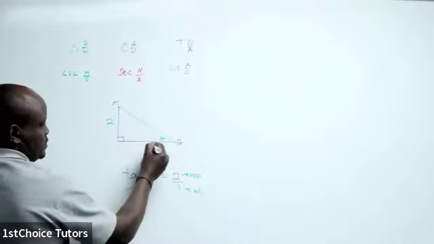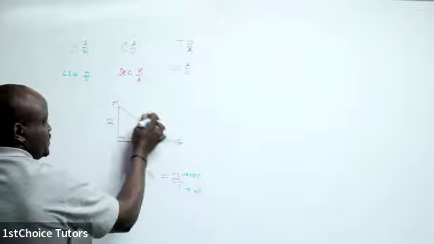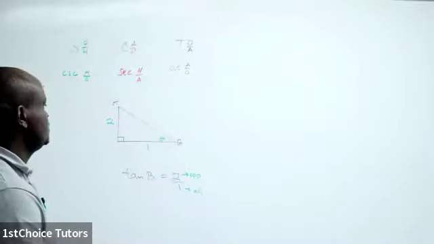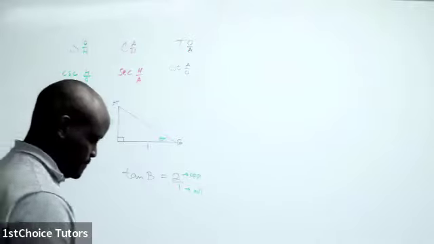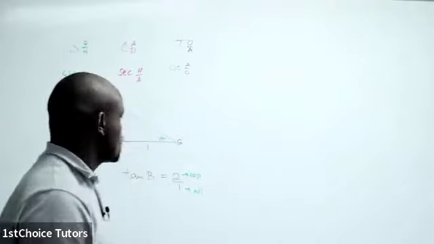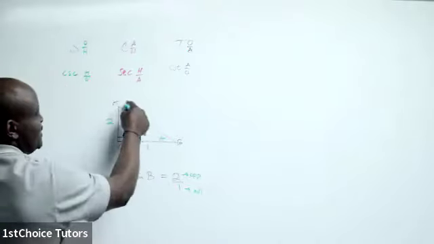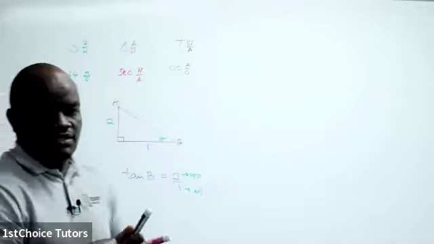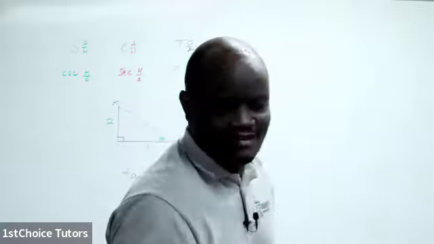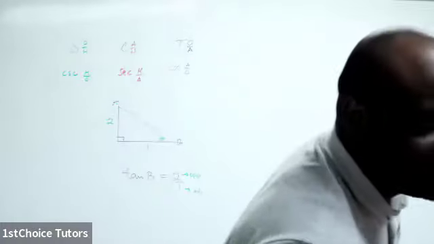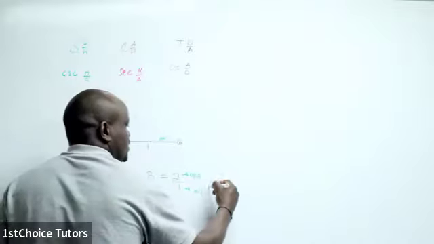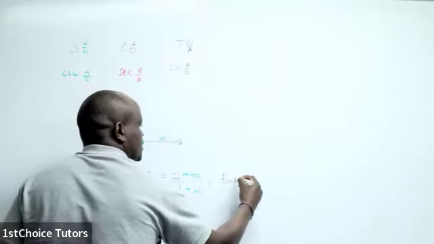Bottom. Can we figure out the missing length of the right triangle? The question is asking to find cosine of B. So once we're given this, we have to find cosine B.